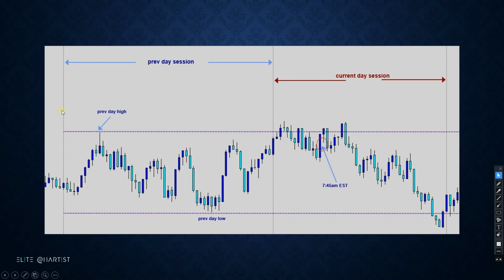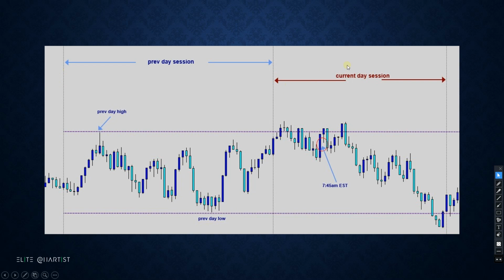Now, the start of this counts from, I believe it's 6 p.m. on a given evening, and it goes through the next 5:15 p.m., I believe. So this is a 23 and a half hour period, let's say. And we're going to count that as the previous day session. That's what these lines are here for.